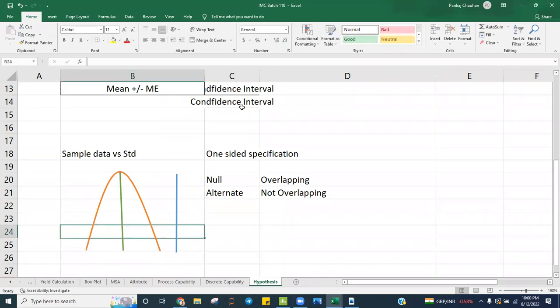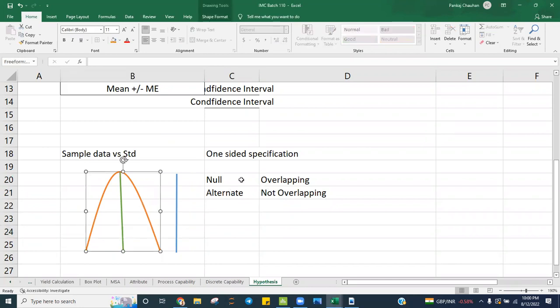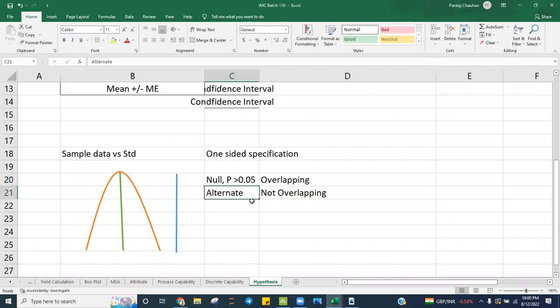Are they overlapping with each other? No. There is a clear gap created between these two. So they are not overlapping. In this condition, your p-value will be less than 0.05. And after reading the p-value, I will decide whether this is null or alternate.